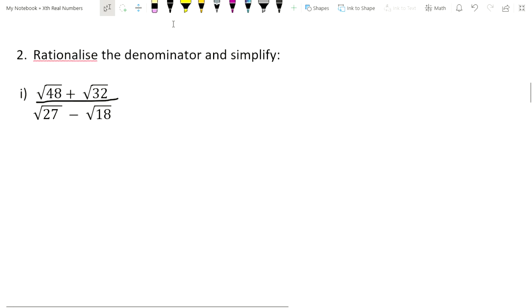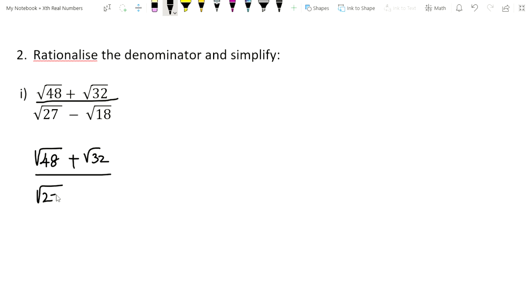See the next one. Rationalize the denominator and simplify. First we have to rationalize the denominator. After that we need to simplify. Okay, see here, root 48 plus root 32 divided by root 27 minus root 18. So rationalize the denominator.